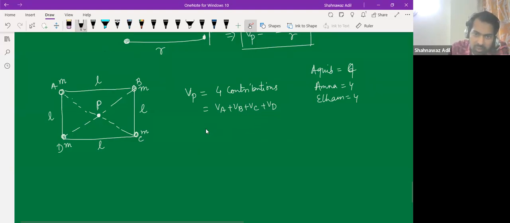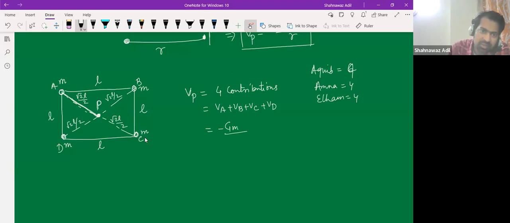Okay. So VA: we are calculating the potential at this point due to A. So this is the separation, right? How much is that? You guys have already calculated that the total is root 2 L, so this would be half of that. So VA would be minus GM divided by root 2 L by 2.